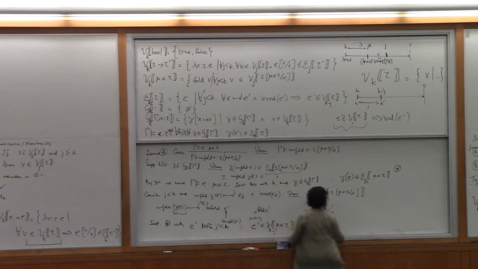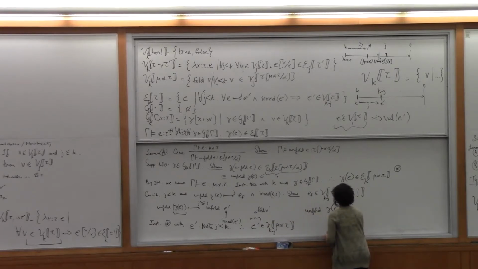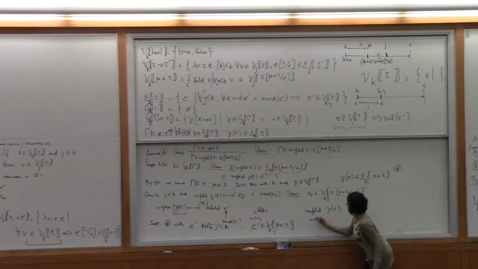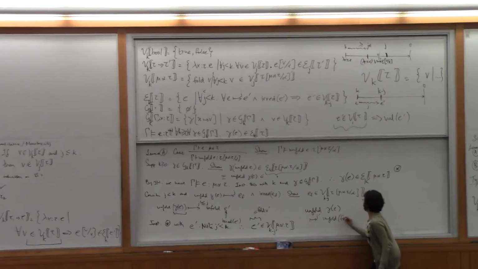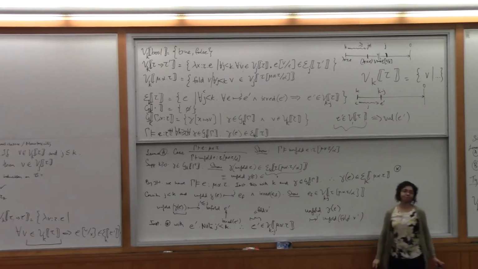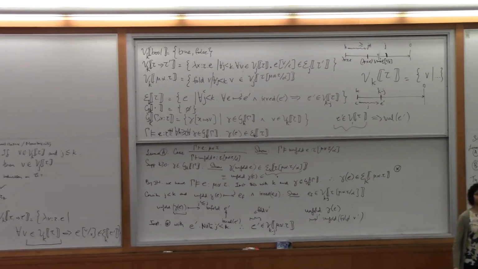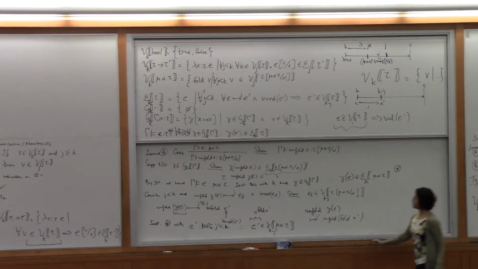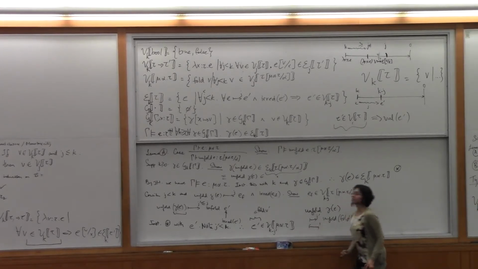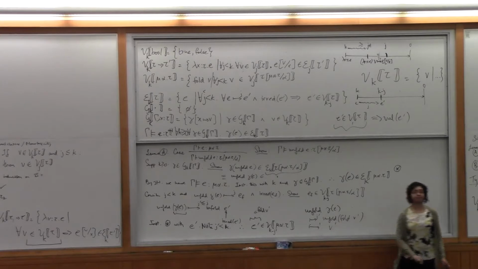So unfold of gamma E has, in some number of steps, which I'll put down later, well, J prime steps, has reduced to unfold of fold of V prime. Right? Unfold of a fold can take one more step and get us to V prime.